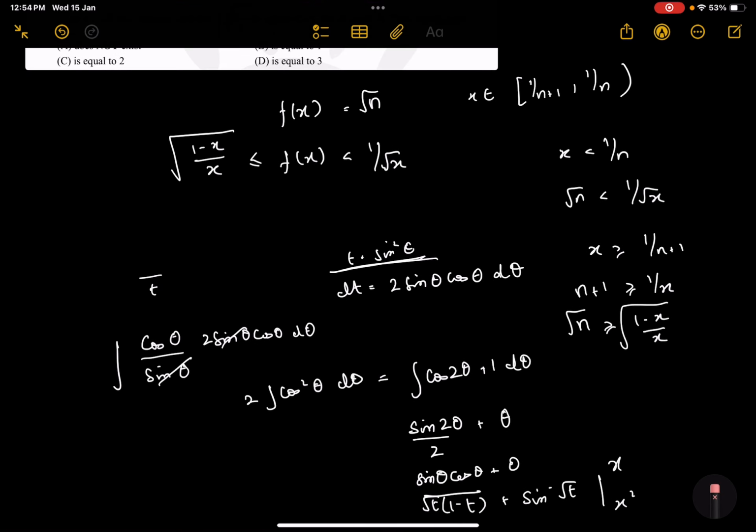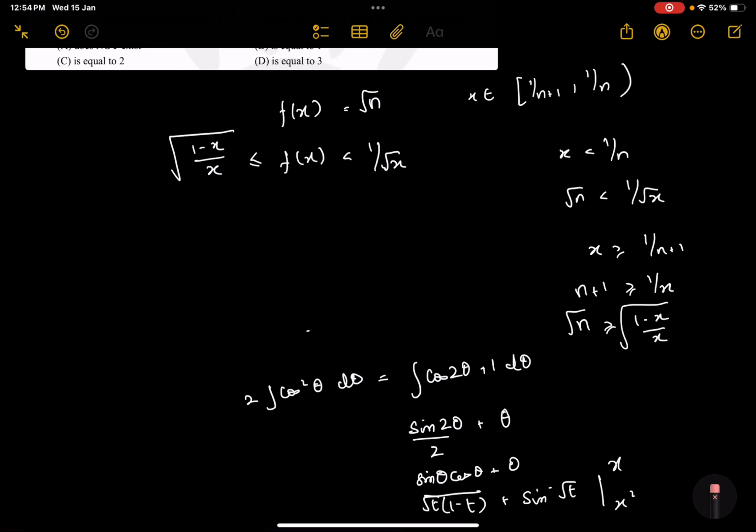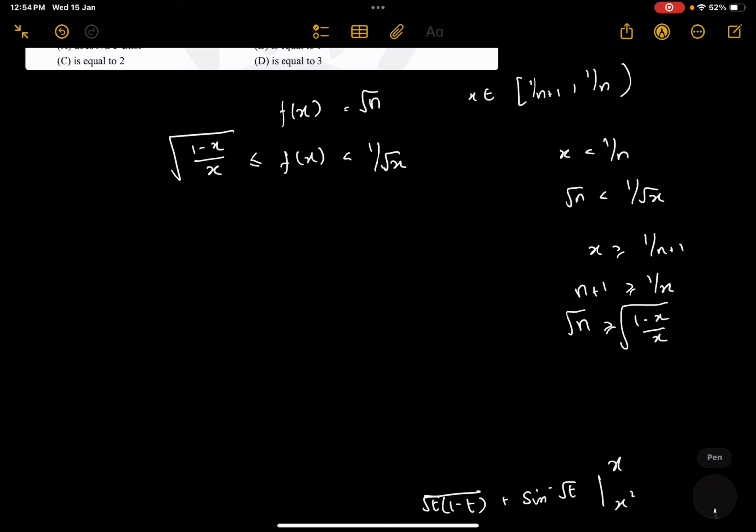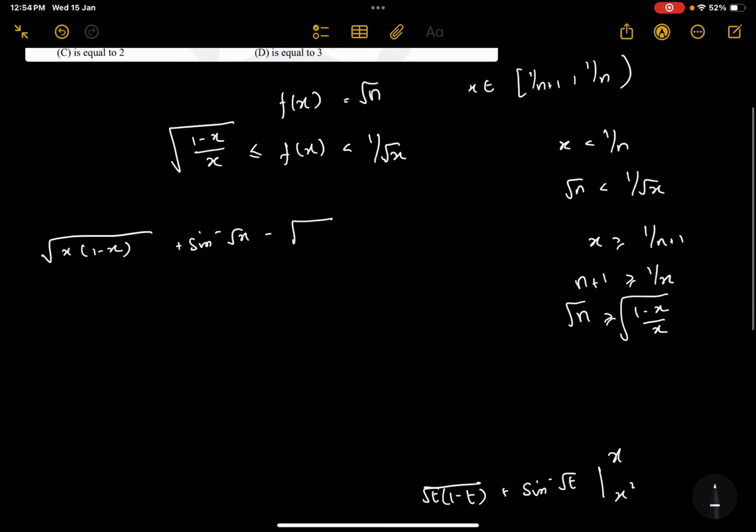So that gives us root x root 1 minus x plus sine inverse root x minus root x square times root 1 minus x square minus sine inverse x.